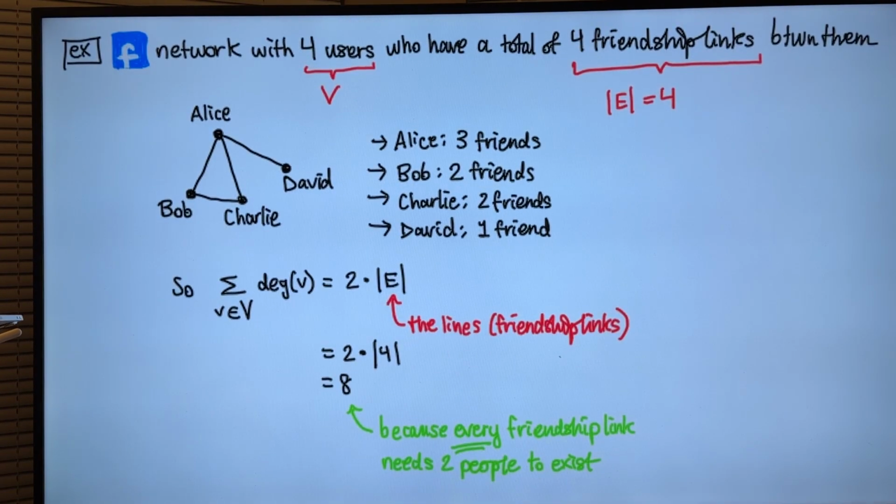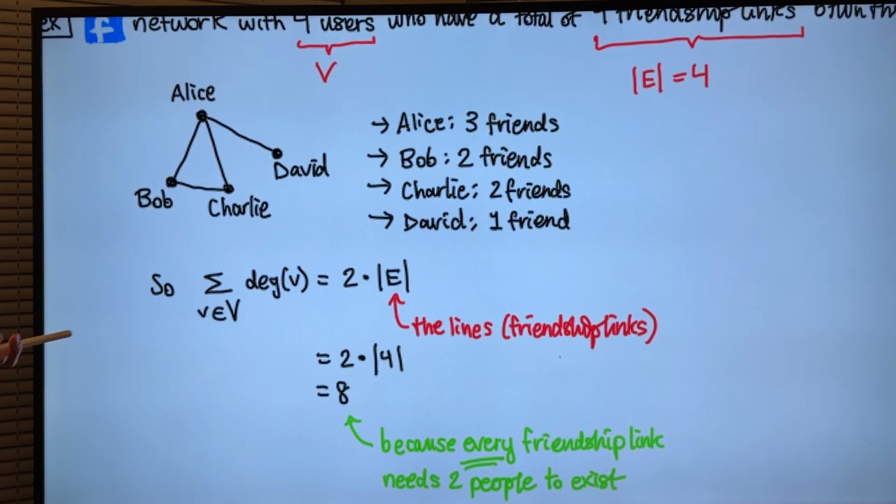So if we use the very fancy notation here, which is really just the summation of the total degrees of vertices, we're going to take 2 times the number of friendship links, because remember it goes both ways, right? So for Alice and Bob, you have 2 people. Alice and Charlie, you have 2 people. Bob and Charlie, you have 2 people.